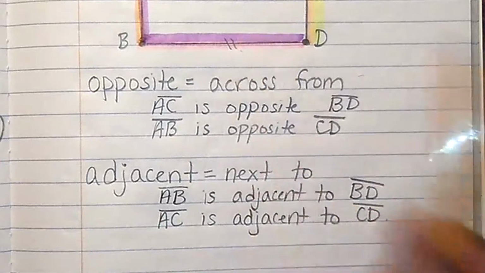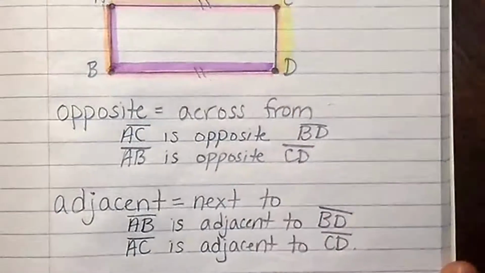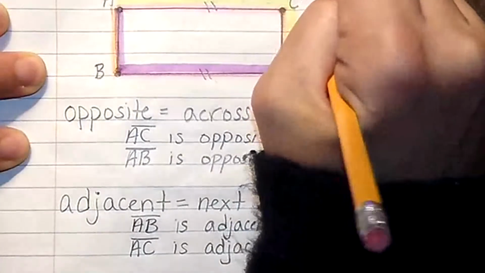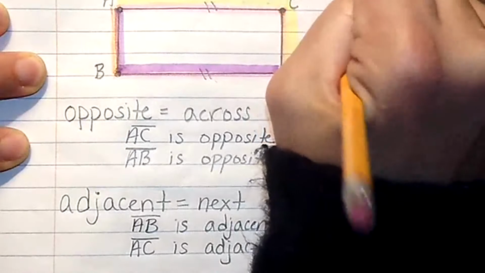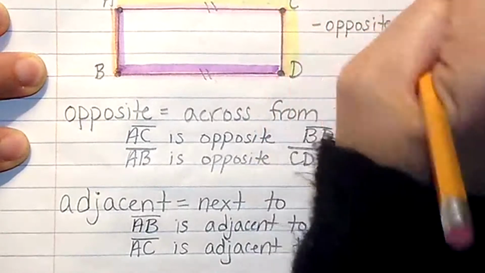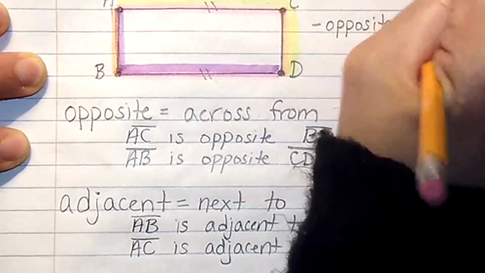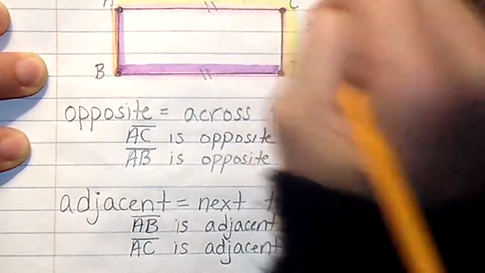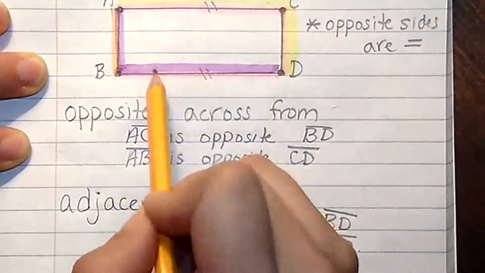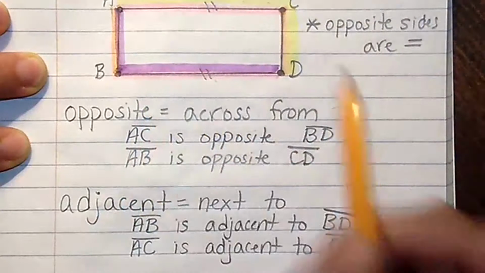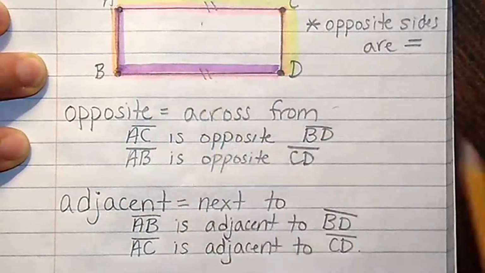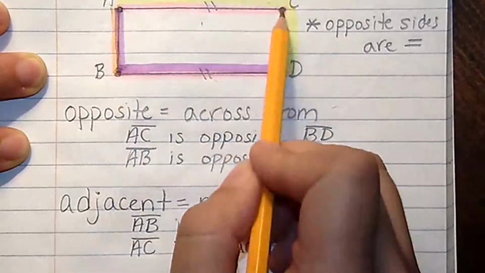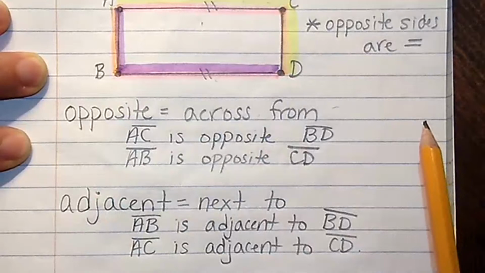All right, so in a rectangle, we have some rules. We say, only in a rectangle, that opposite sides are equal. That makes sense, doesn't it? Doesn't it look like the pink side would be equal to the purple side? Yeah, so we say opposite sides are equal. This purple side would be equal to that pink side.